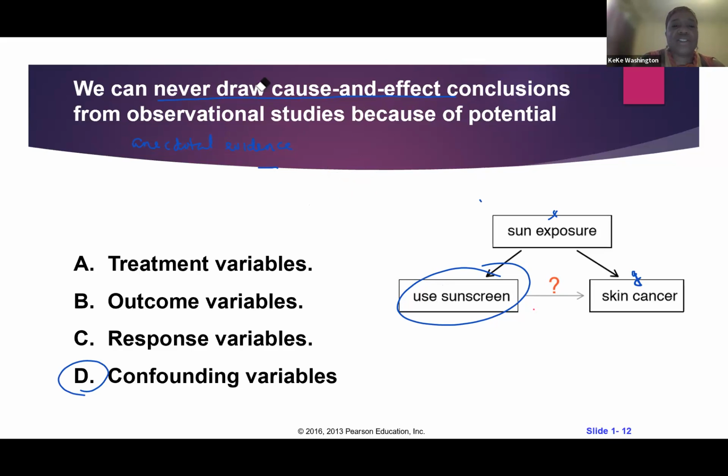If you're trying to determine whether the diet aid is helping you to lose weight, so a confounding variable could be exercise. Maybe that's what's helping you lose weight, not necessarily the diet pill that you're taking. Okay, so again, those are confounding variables.